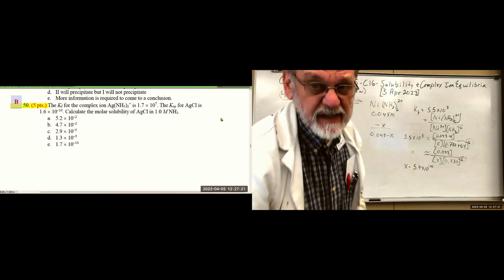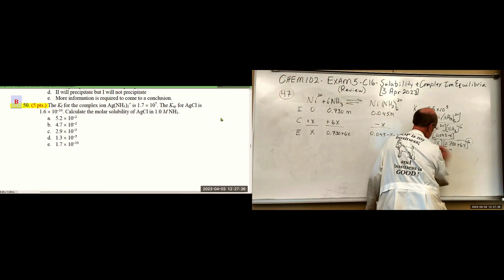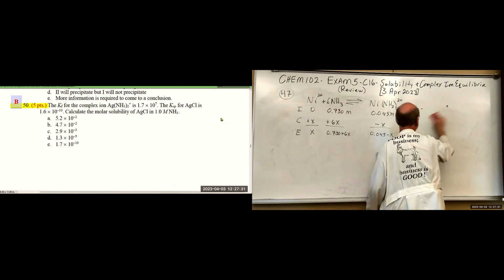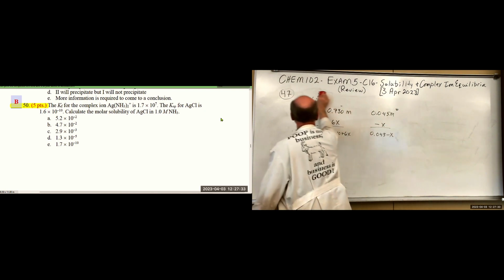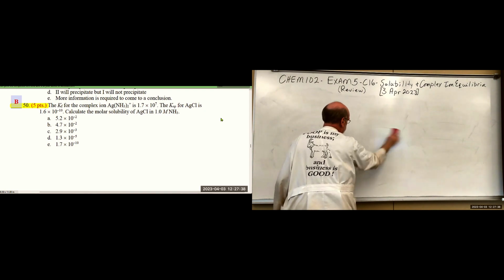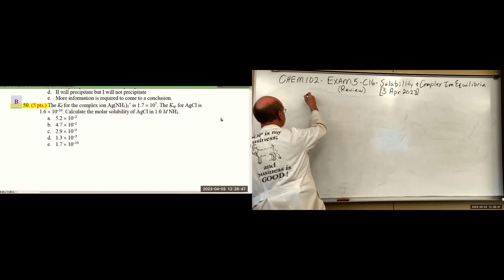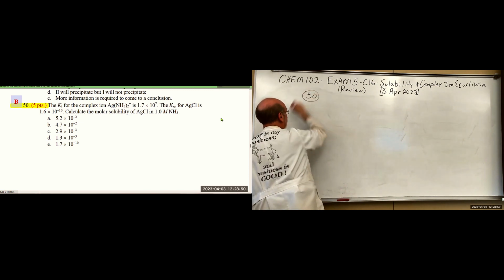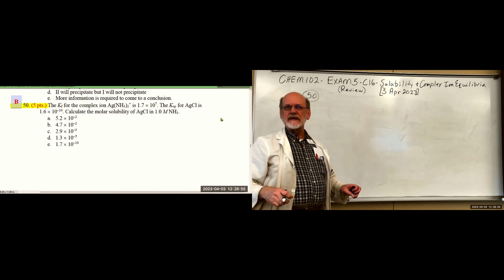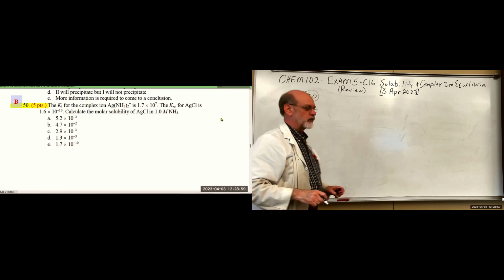Okay, number 50. All right, 50. What's the molar solubility of silver chloride in 1 molar ammonia?